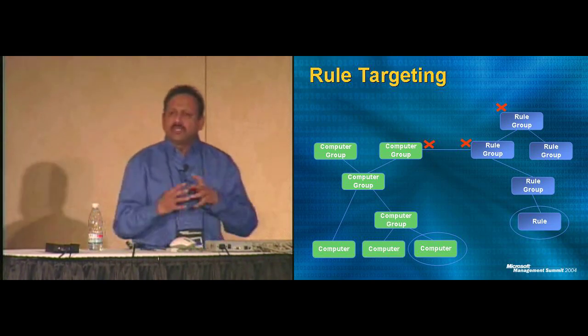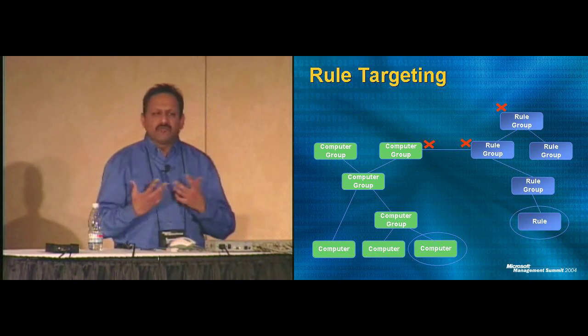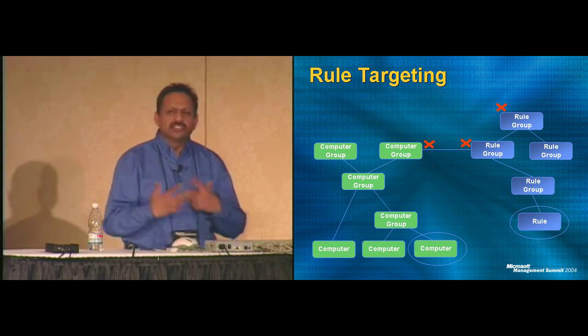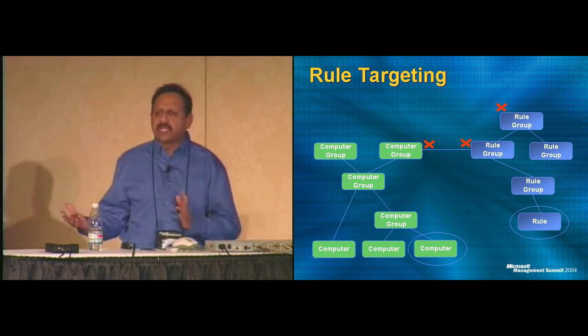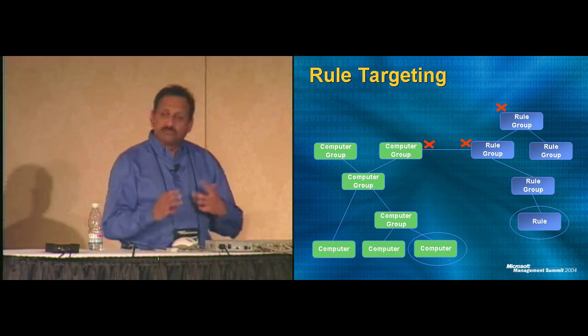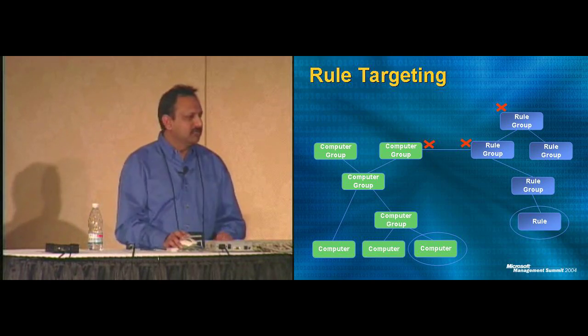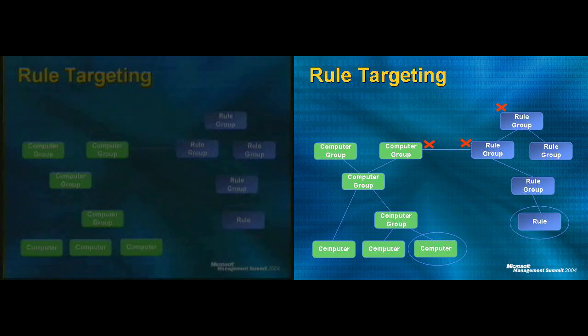But the way the rule groups are organized are for many purposes. It's a container, so this top level rule group here is just for containment, so we can export a management pack together. While other rule groups are for organization, other rule groups are for targeting. So this particular one here is for targeting, okay? So if people have tried and they'll say, well, I'm disabling this rule group.